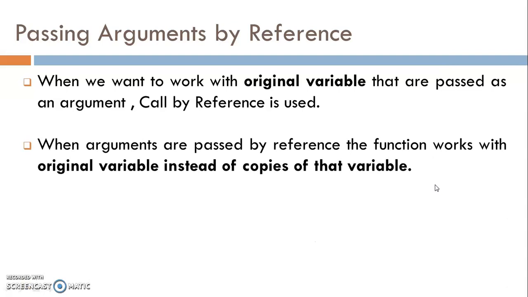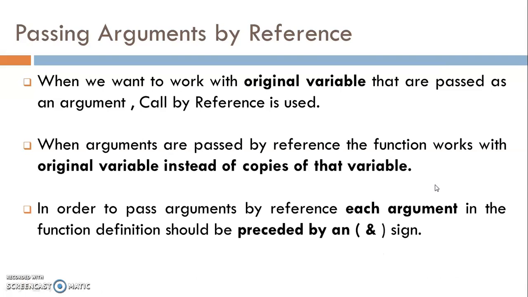When arguments are passed by reference, the function works with the original variable instead of copies of that variable. For that, I have to use an ampersand sign in the function definition with each argument.